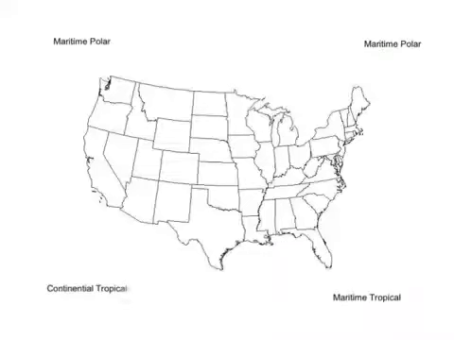So, okay, these are the air masses. We have continental tropical, maritime tropical, and 2 maritime polars. Okay, so the continental tropical moves in from here into Texas.